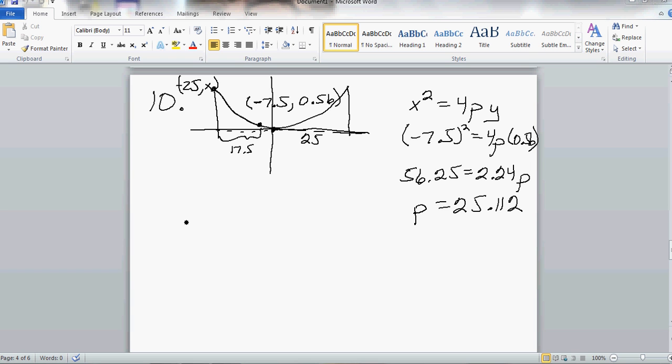Now we can plug that back into the formula: x squared equals 4 times p times y. We want to find the y value right here, and that's when x is equal to 25.